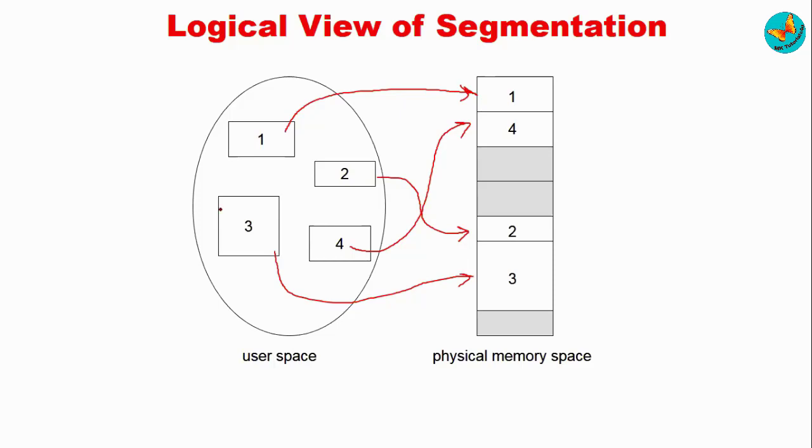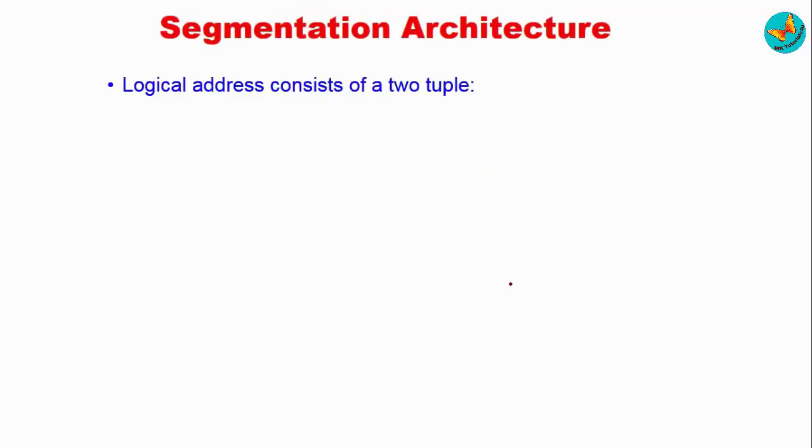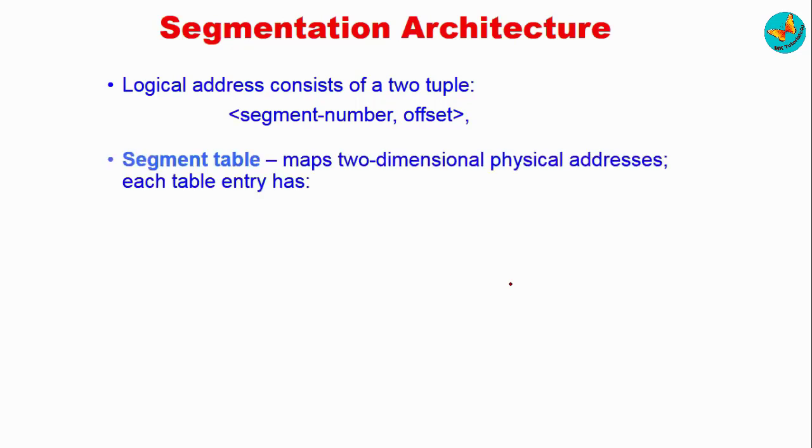Let us see the architecture for this. Here, the logical address will consist of segment number and the offset, like in paging, where we have seen that it consists of page number and the offset. Then in paging, a page table was there for mapping. So here a segment table will be maintained, and this segment table consists of two parts.